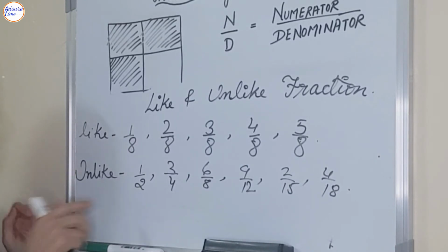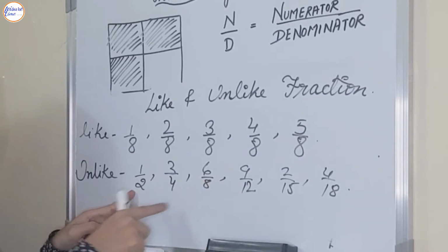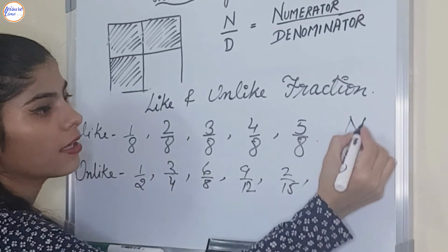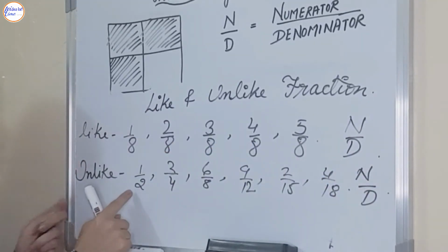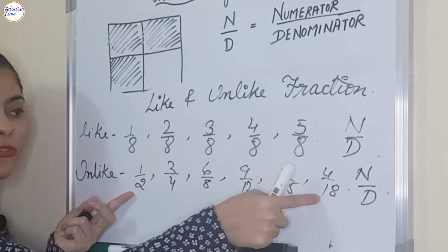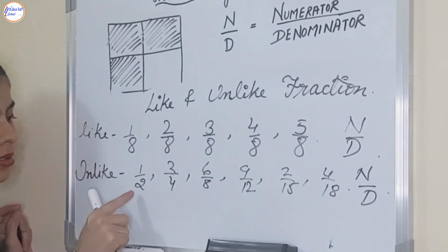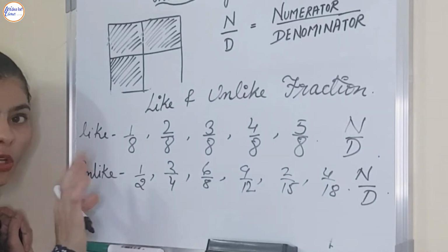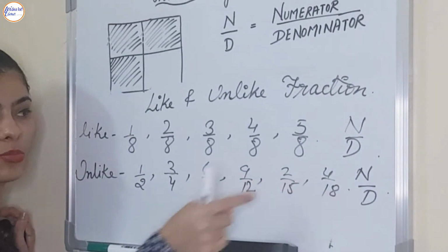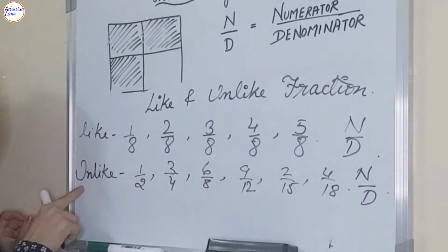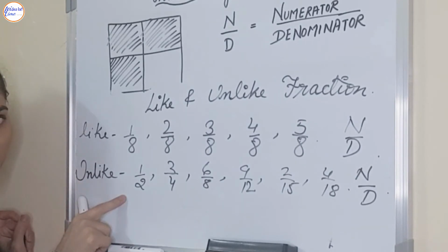See, the down values are all the denominators. This is n by d, means numerator upon denominator. The values of denominators are not same. Here 2, 4, 8, 12, 15 and 18. So these fractions are unlike fractions.